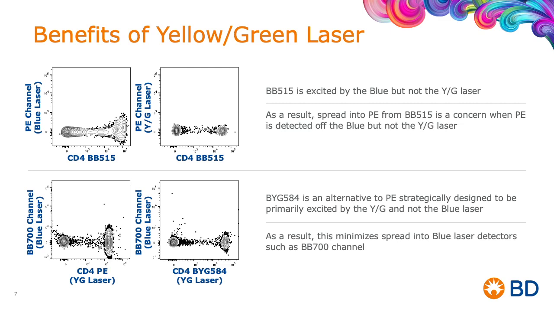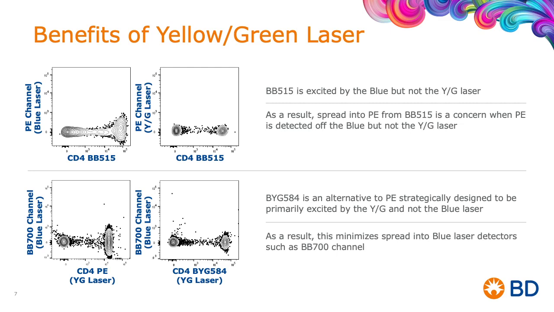But it can still be excited by the blue laser, and as such, it will spill into the BB700 channel or the PerCP-Cy5.5 channel and introduce spread. However, if we now use as an alternative the BYG584, now available as a custom dye, you can see that this dye is not excited anymore by the blue laser, and therefore there will be no spread into the BB700 channel.